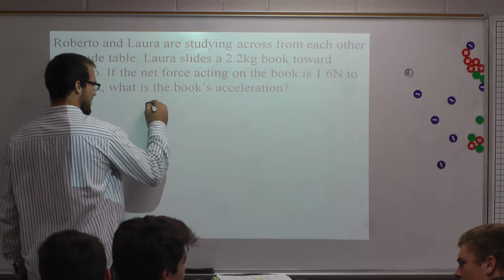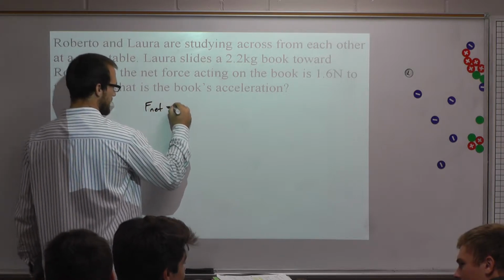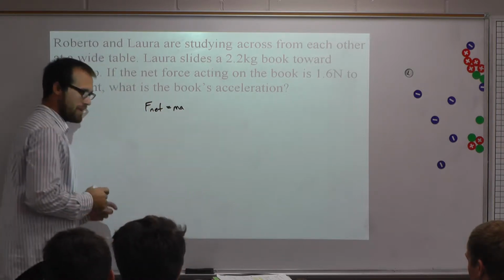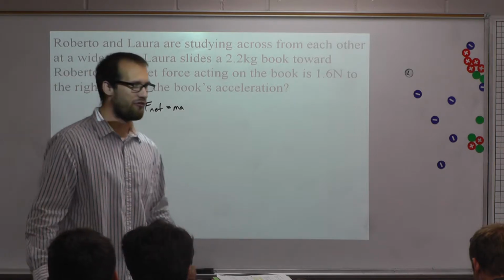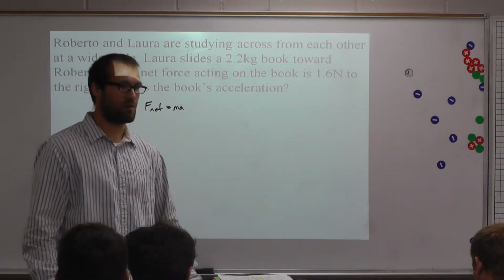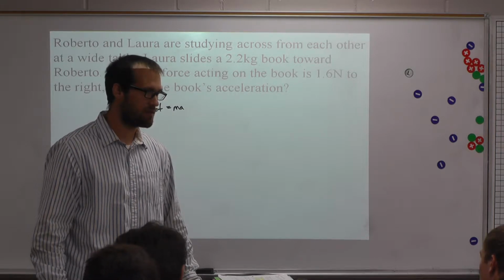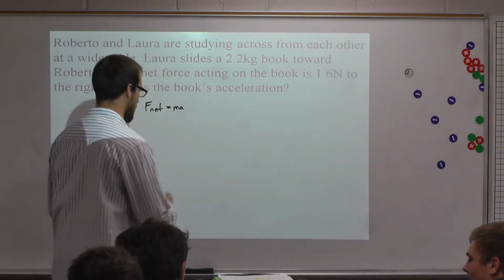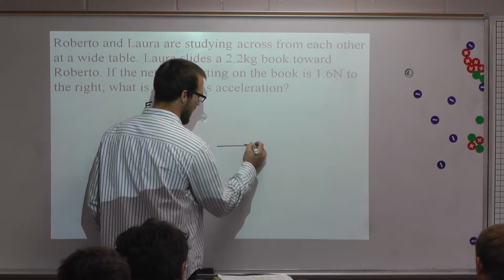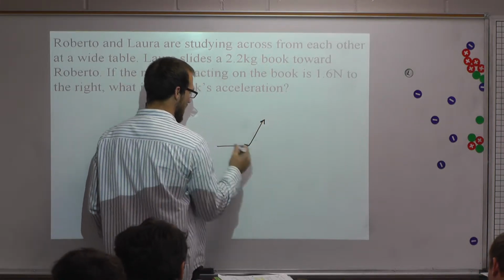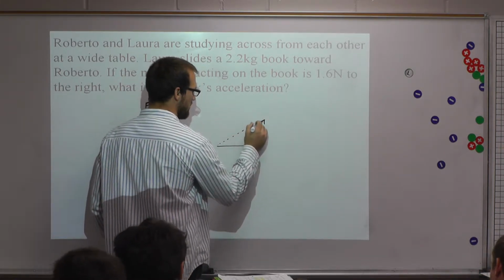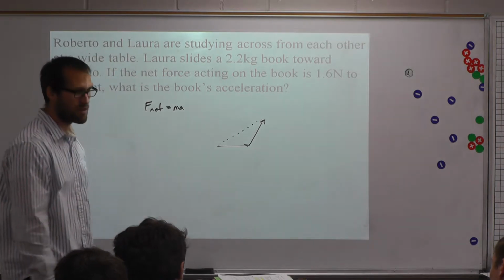Now notice, this is really important. What we're doing today is probably only going to be one force and trying to determine what the acceleration is. But what if I have multiple forces? For example, if I have a force this way and a force this way, and I want to know the acceleration, what would I have to do first?